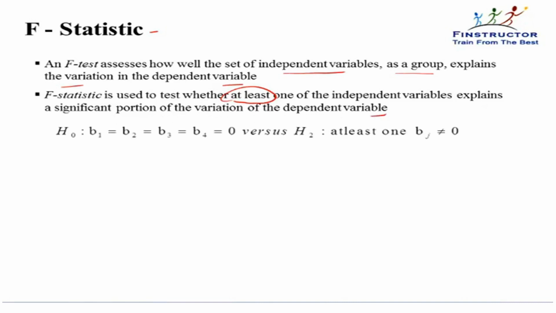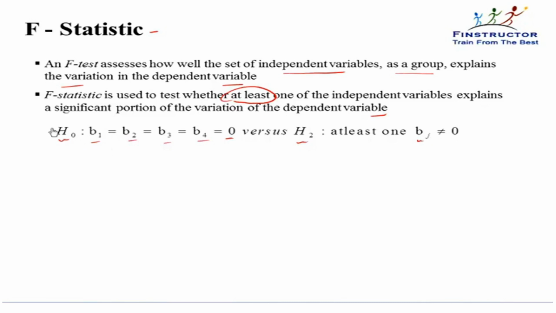So the null hypothesis is written as, let's say there are 4 independent variables, that all 4 slope coefficients are simultaneously equal to 0. The alternative hypothesis is that at least one coefficient is not equal to 0.